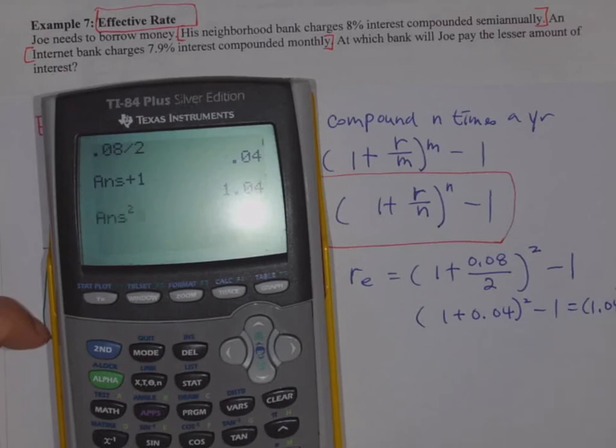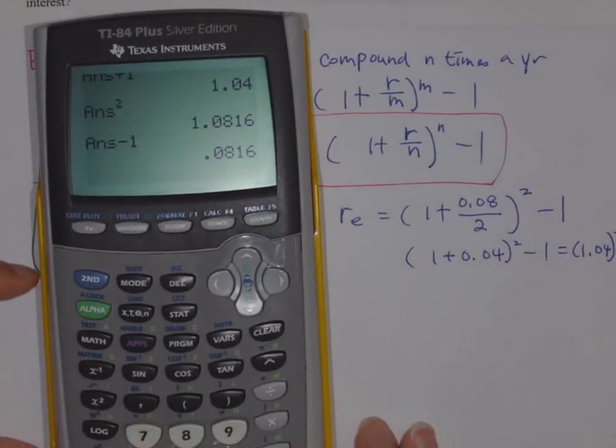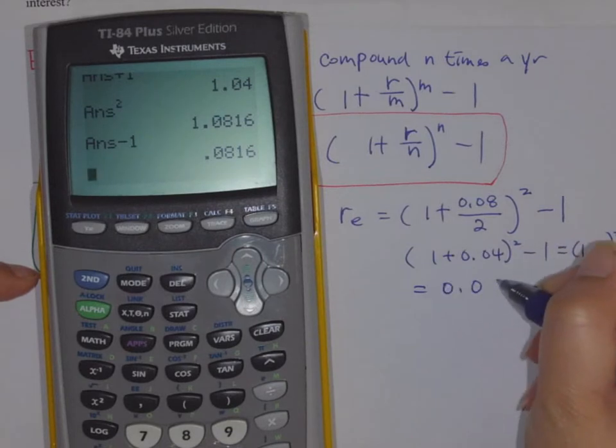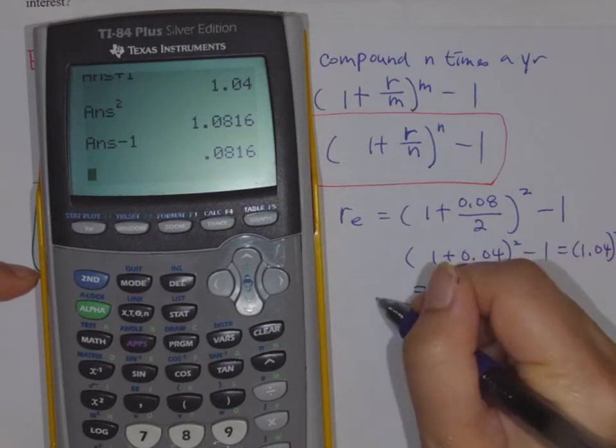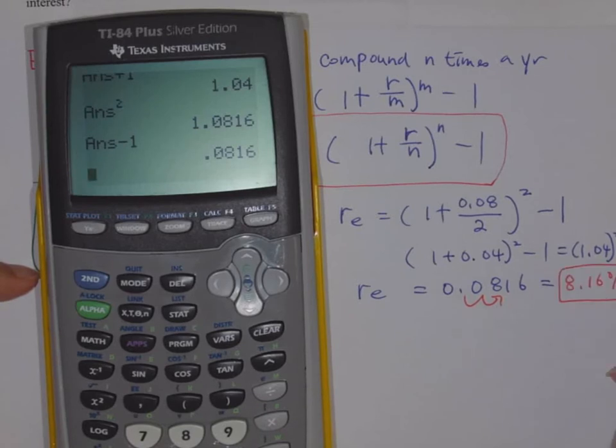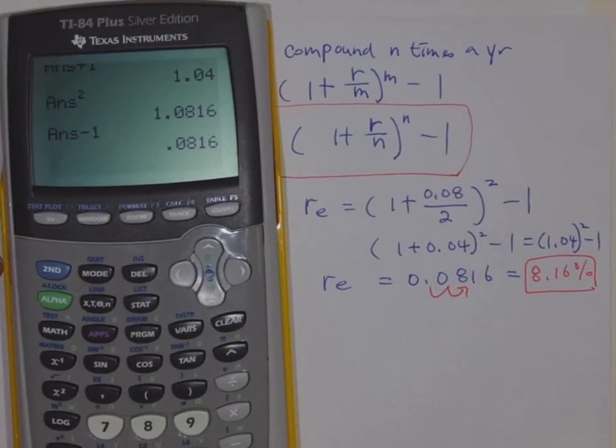So square that, subtracting 1 is going to be 0.0816. But this is an interest rate, so we're going to change it to a percentage, 2 decimal places, 8.16%. So this is from the neighborhood bank.